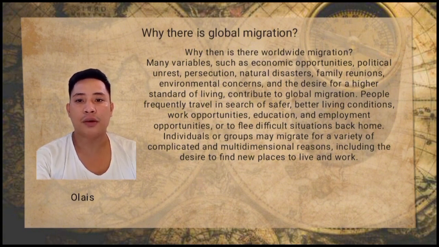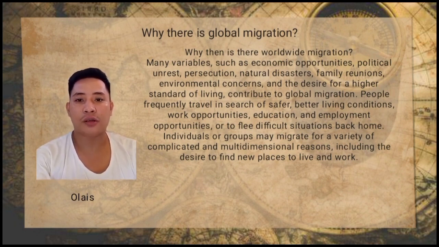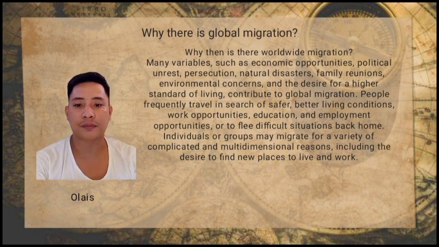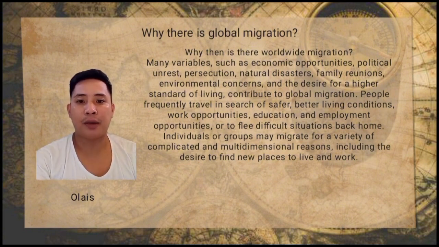Some people must migrate even if the majority do so voluntarily. By the end of 2022, the United Nations Refugee Agency projected that 35.3 million refugees, of which 5.9 million were Palestinian refugees under the auspices of the United Nations Relief and Works Agency, and 5.4 million asylum seekers, would be living across the globe.